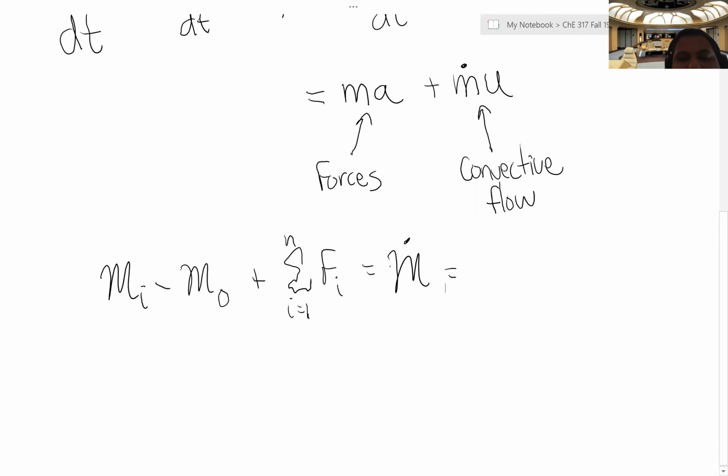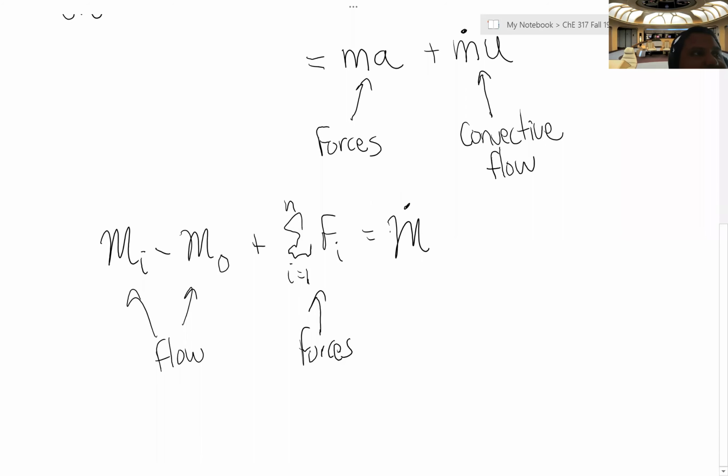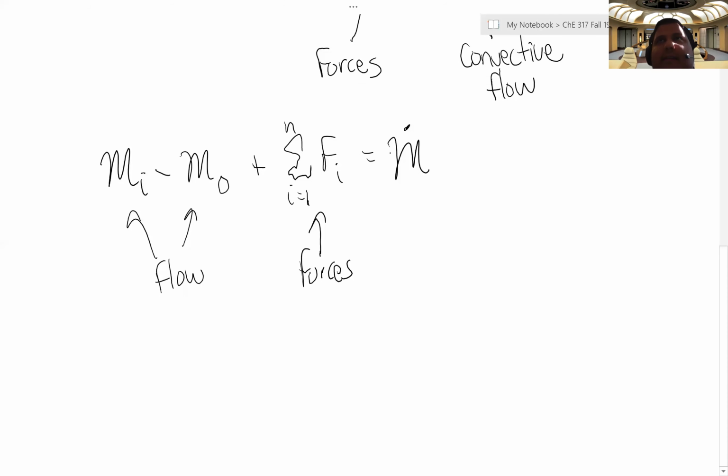I'm looking at forces, once again, and any sort of flow associated with my system. And so what this is really meaning is that when we're looking at macroscopic momentum balances within a fluid flow system, momentum can be transferred via convective flow or forces acting upon our system.